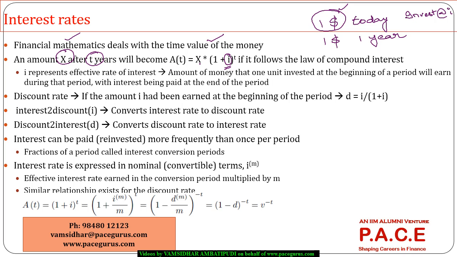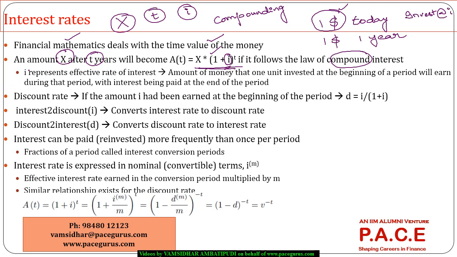So if that is the case, with the help of compounding that is happening, I am going to receive x into (1 plus i) to the power t based on the compound interest formula, right? So this is a very simple calculation. If I have deposited x amount for t number of years, and per year the effective rate of interest is i, I'm going to receive x into (1 plus i) to the power t at the end of t years.